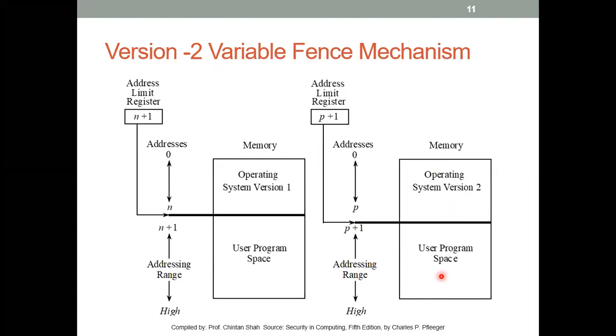Very good. But what if both of them require more? Then who will be given preference, or will it be random? Anyone?